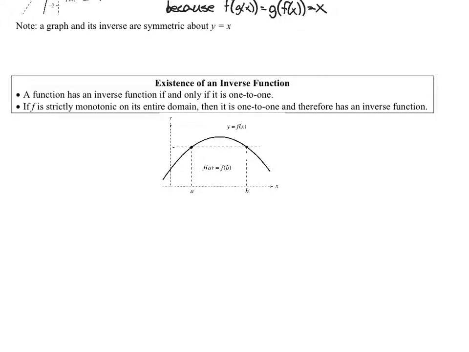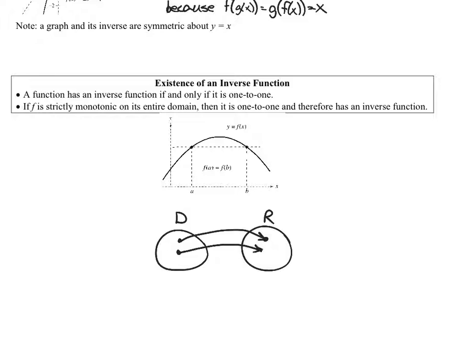And what 1 to 1 means is it takes the function kind of one step further. A function, we had a domain and a range, and every number over here got mapped to exactly one value over here.